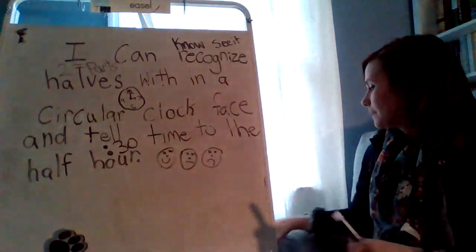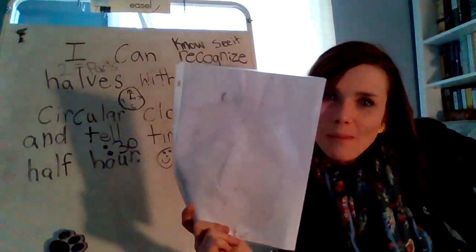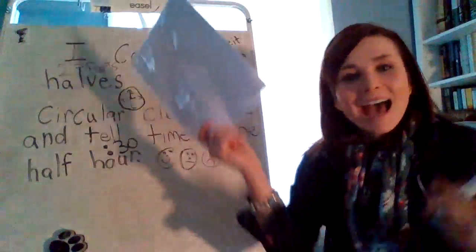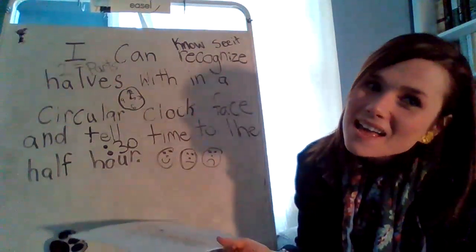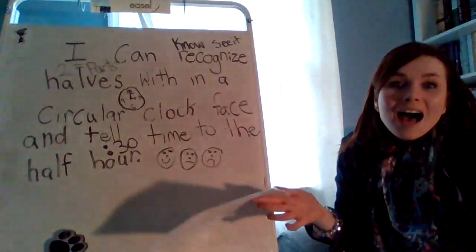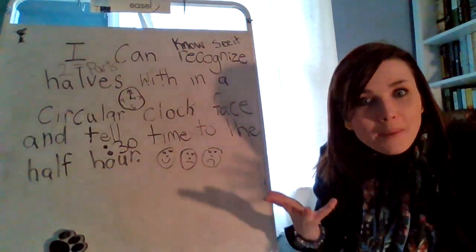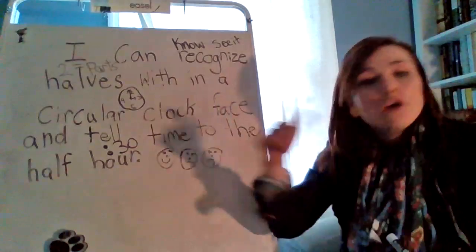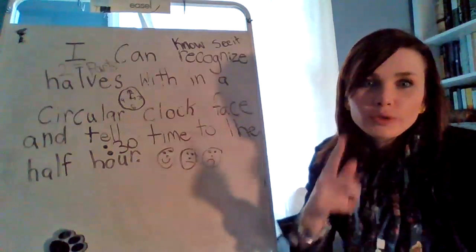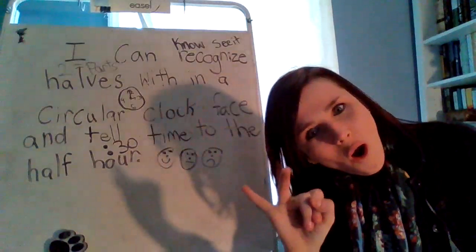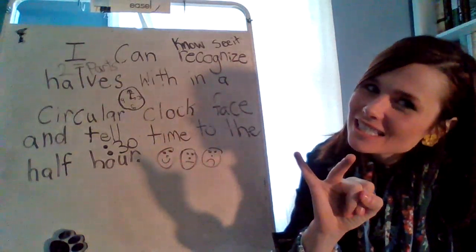All right. Please make sure you have your whiteboard and your marker, because guess what I've got? A math story. What do we do with a math story? First, we need to read. Nice job. Then we need to draw the picture.